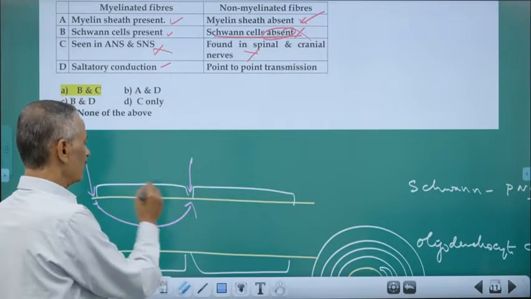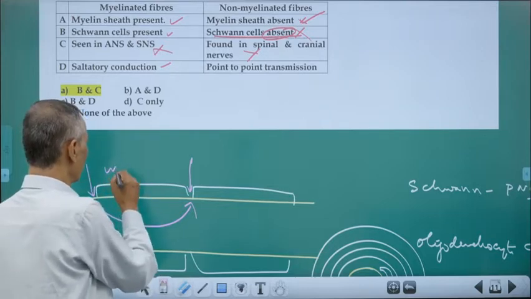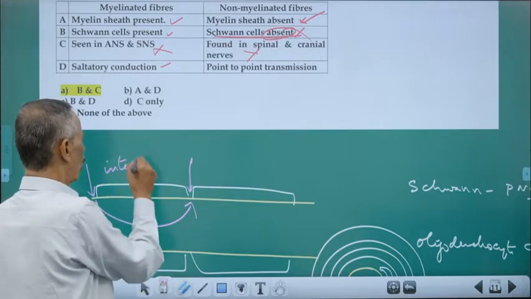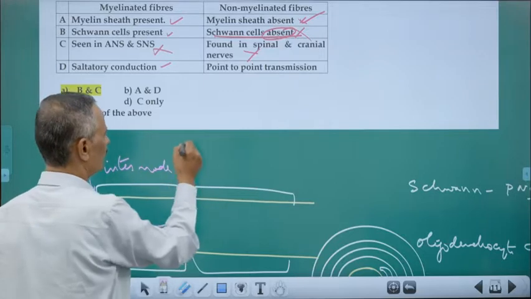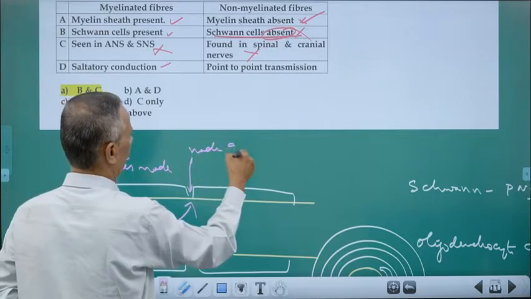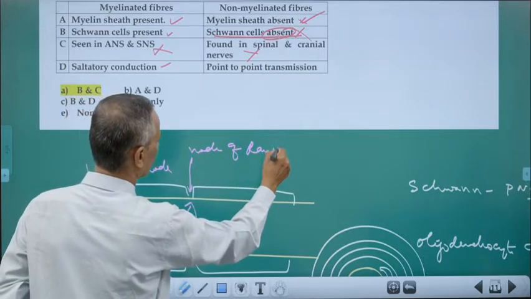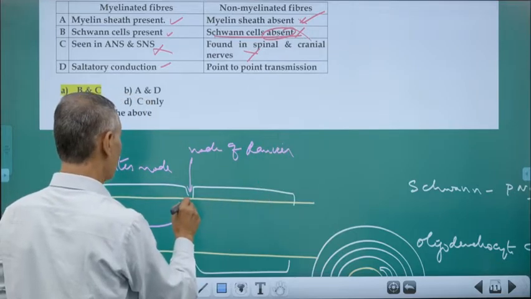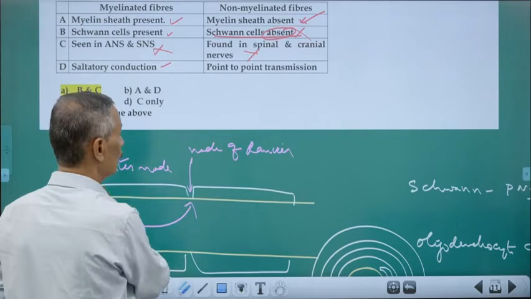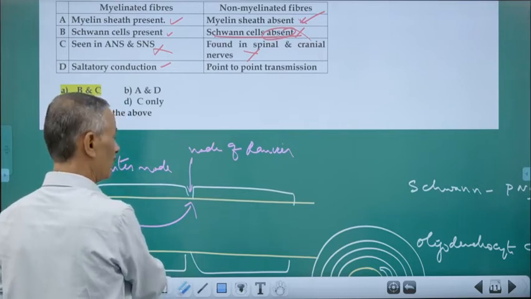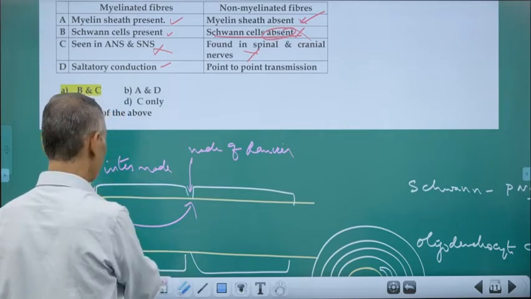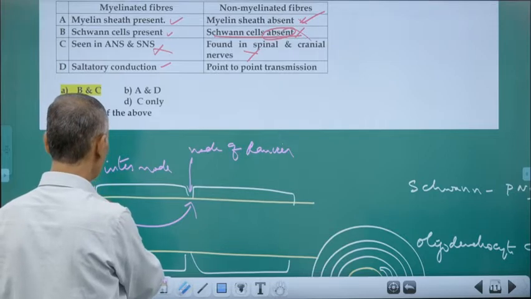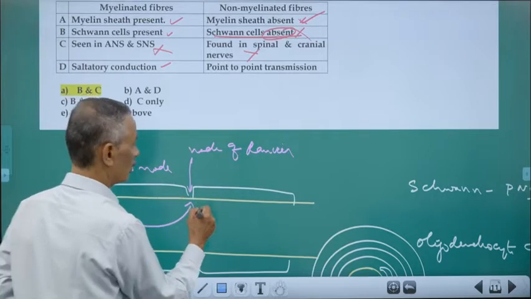The region in between is called the internode. This is the node of Ranvier. The ion channels are concentrated in the nodes so that the action potential generated is so powerful that it can jump from one node to the next node.